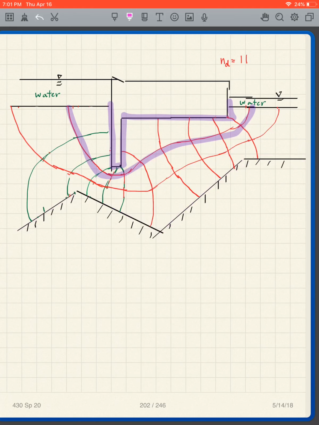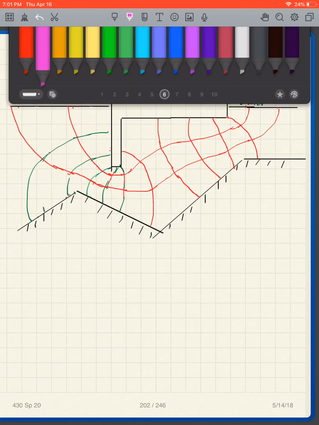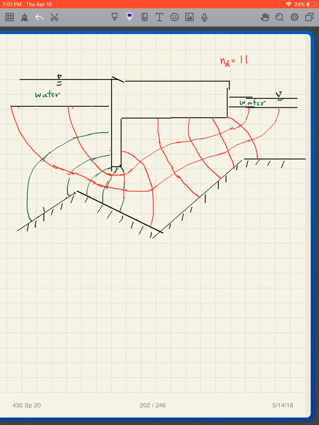And, okay, in addition, we count what we're going to call the number of equal potential drops, ND. For this particular flow net, each flow net is different.